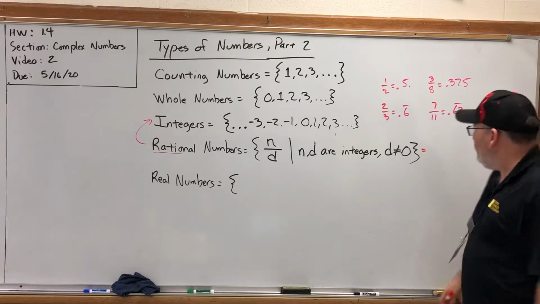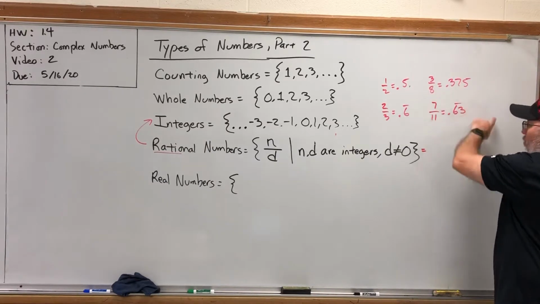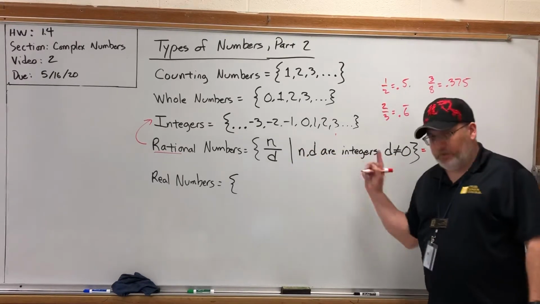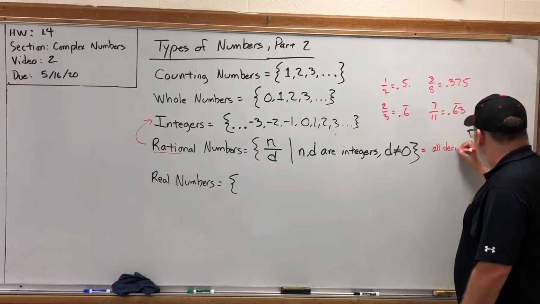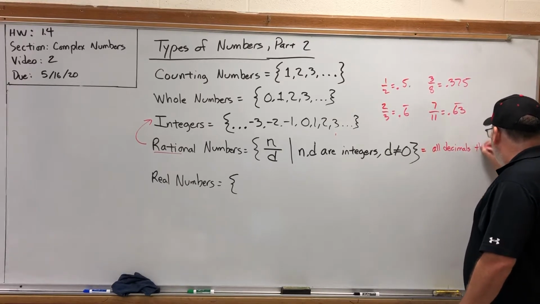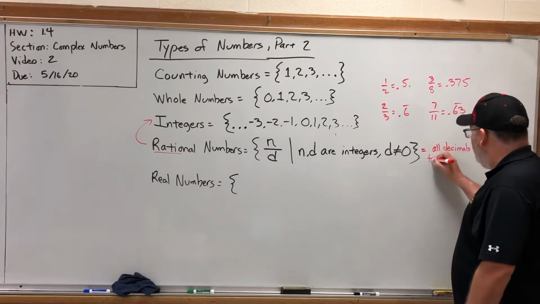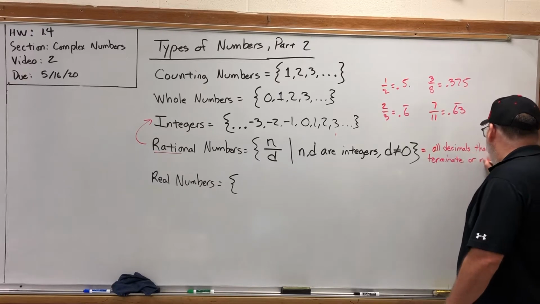But every rational number as a decimal will either terminate or repeat. So another way to describe the rationals, not in terms of fractions, but in terms of decimals, are all decimals that either terminate, so they stop, or repeat.